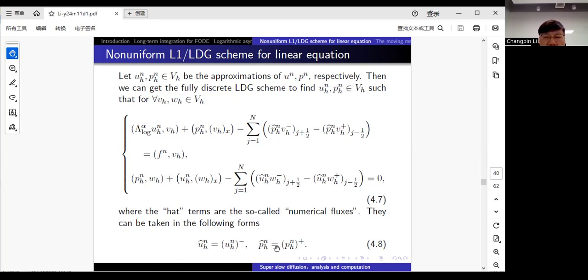If we choose like this, there are lots of summations, and some of them can be cancelled. So we need to choose like this, or here u_h at n plus and n minus. Okay.